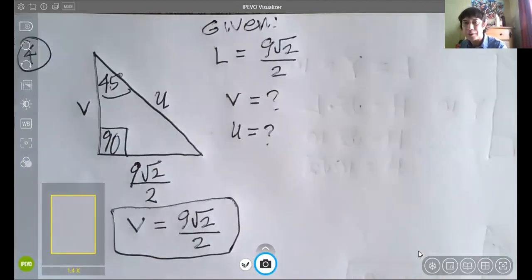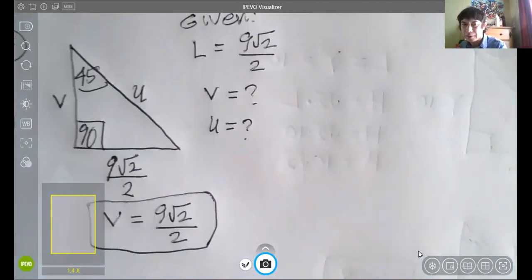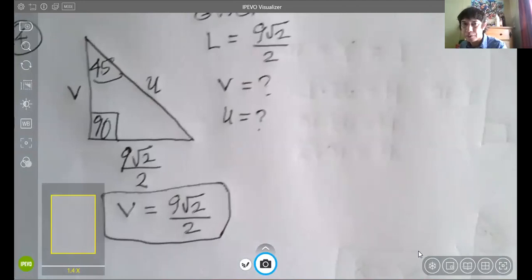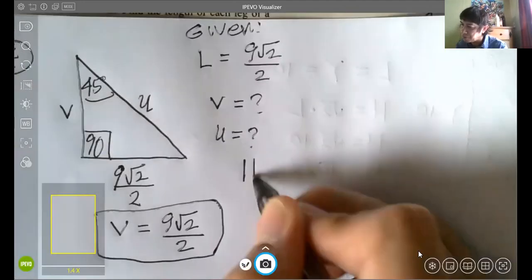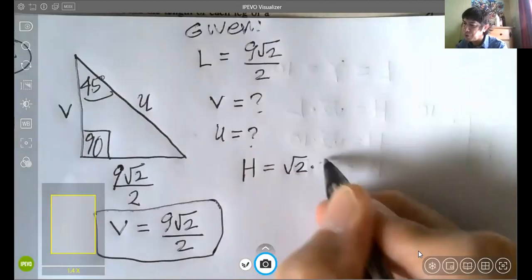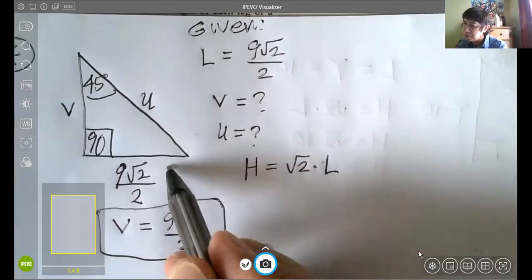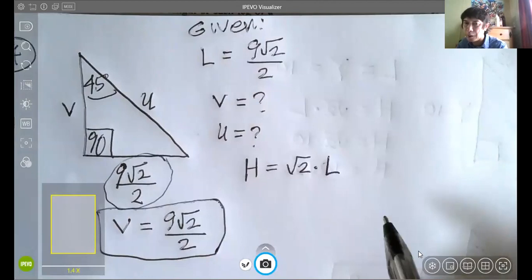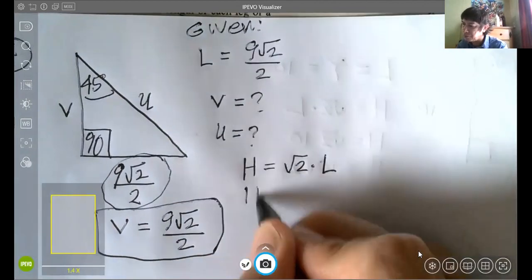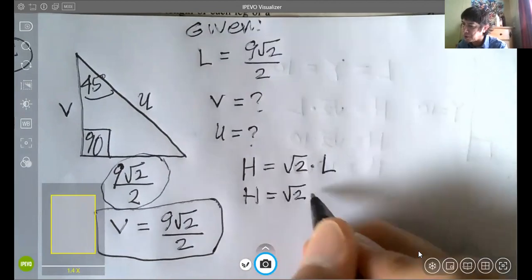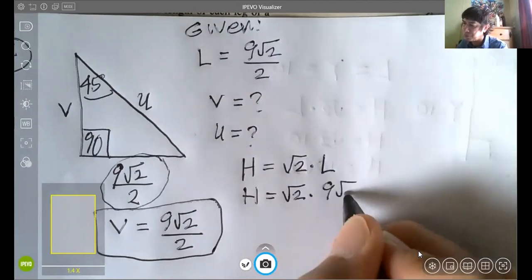The U is actually the hypotenuse. So the formula for hypotenuse is square root of 2 times the leg. And we know the leg is this, so we can just substitute it there and compute and simplify. Hypotenuse is square root of 2 times 9 square root of 2 over 2.